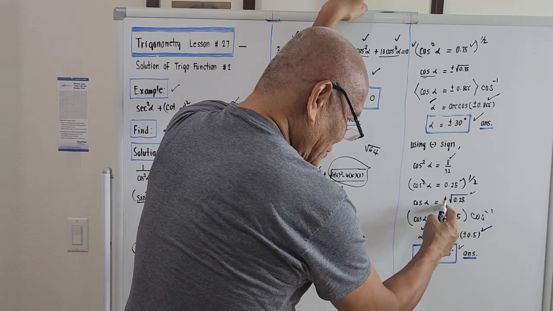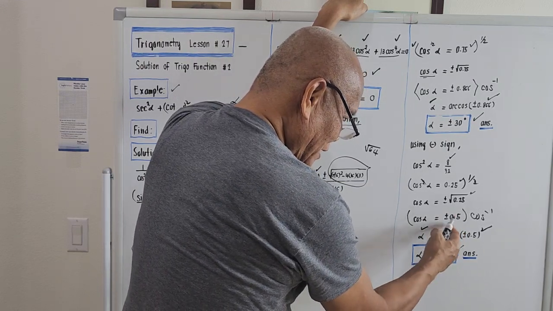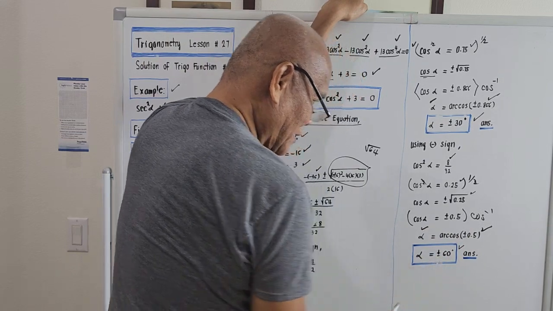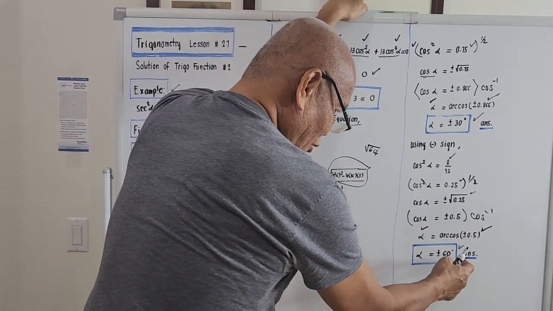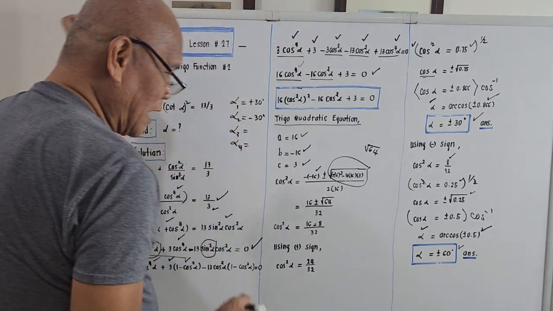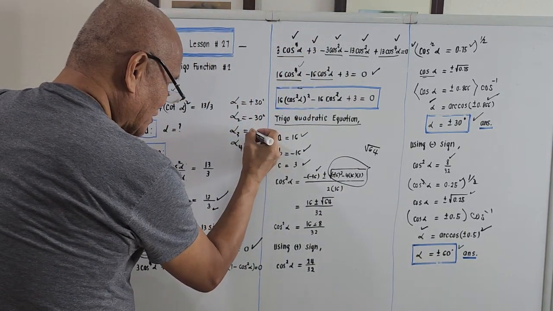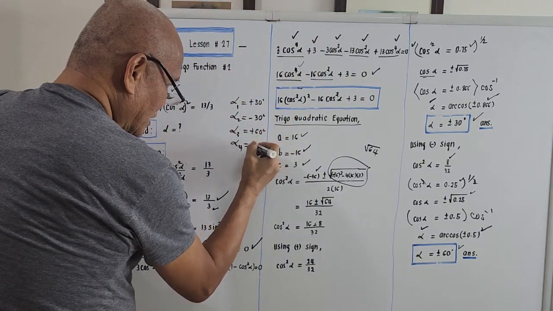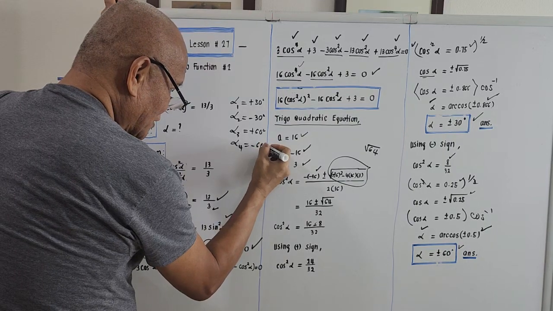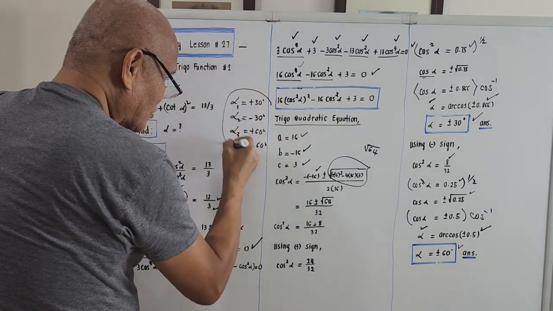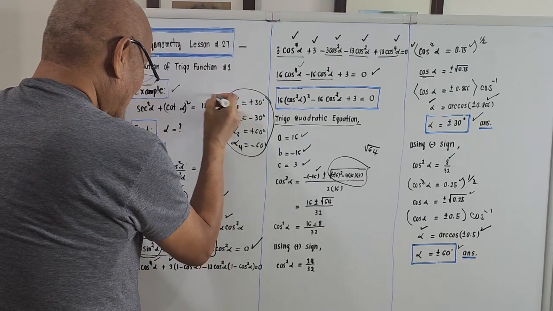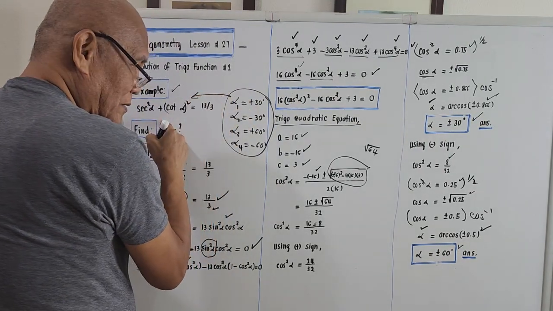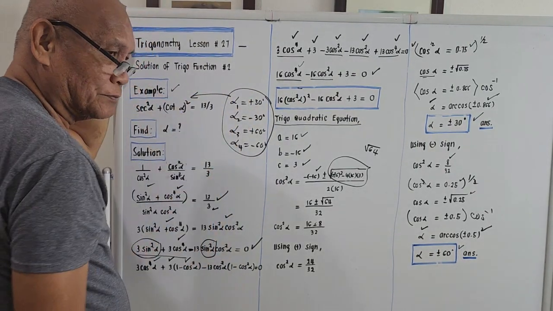By using the positive sign, it is 60 degrees, and by using the negative sign, it is negative 60 degrees. So this is the second batch of answer. So meaning alpha number 3 will be plus 60 degrees, and alpha number 4 will be negative 60 degrees. So this is actually the solution of the given trigonometric equation.